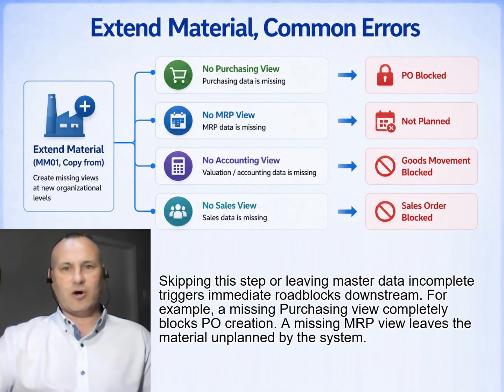Skipping these steps or leaving master data incomplete triggers immediate roadblocks downstream. For example, a missing purchasing view completely blocks purchase order creation. A missing MRP view leaves the material unplanned by the system.